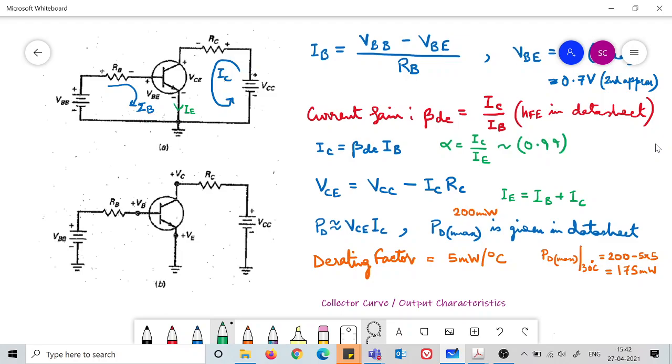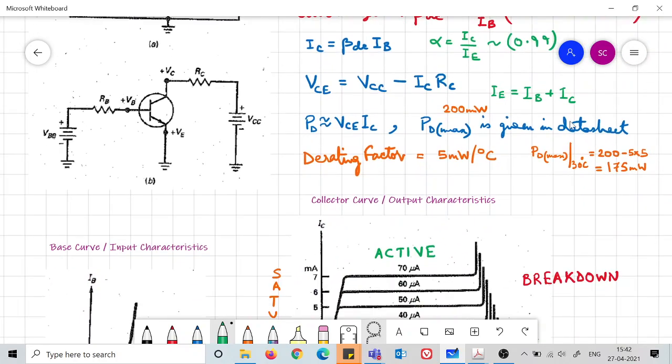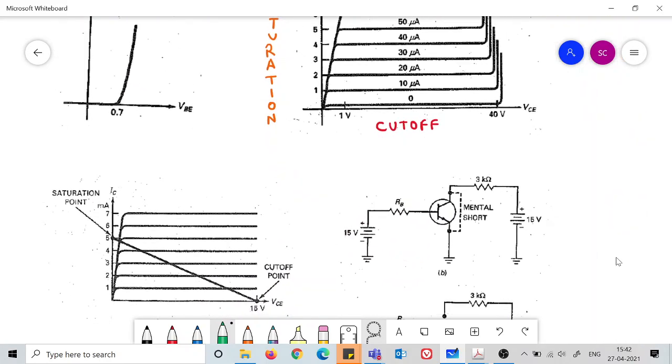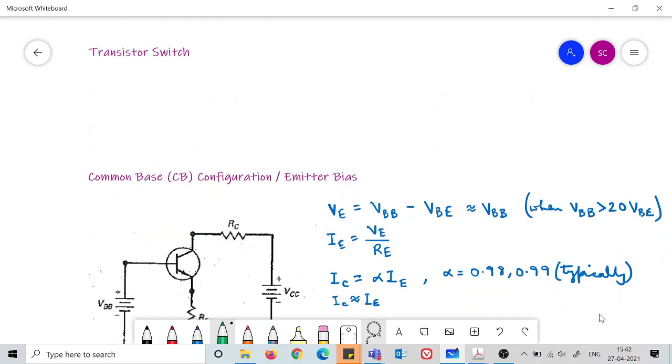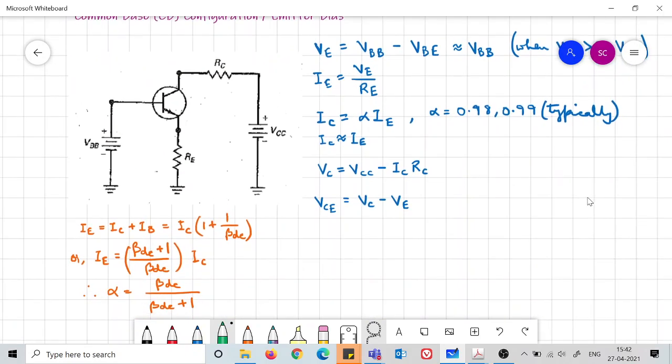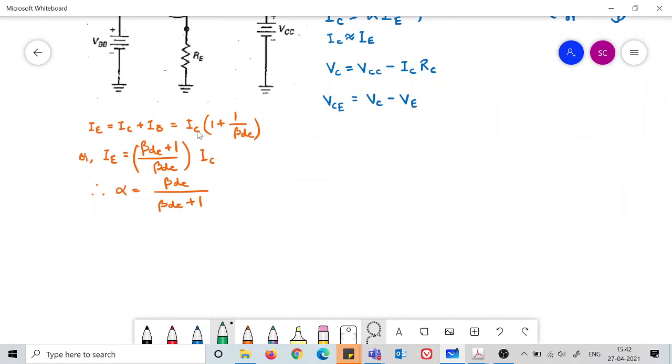Now you could calculate the relationship between alpha and beta. I have actually done this for a later topic, but I can show it here. You see the orange part. This is true for a transistor no matter which configuration it is set up in.